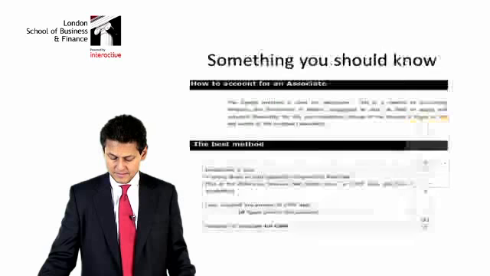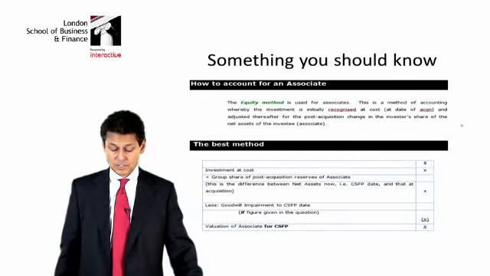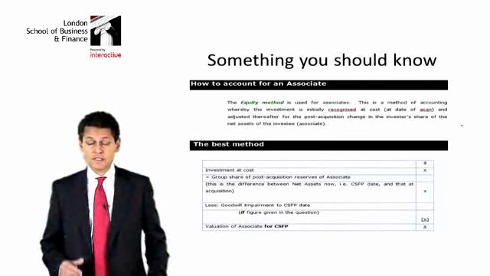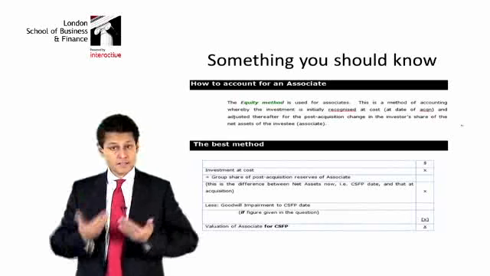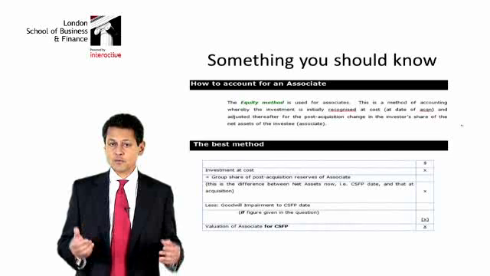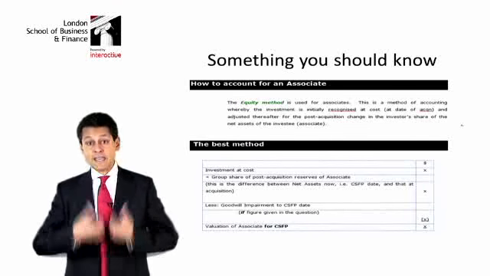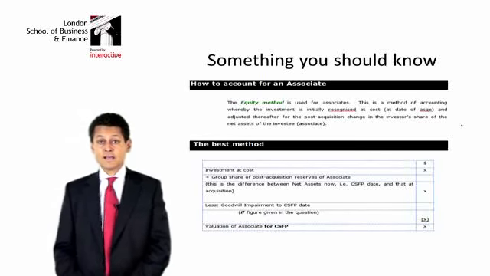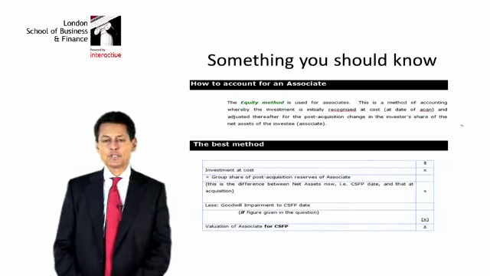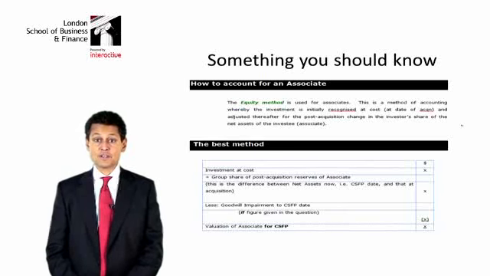And then it says, prepare the consolidated statement of financial position. No problem with that. Now, how you account for an associate is something you must absolutely know. Basically, what happens is if you buy, let's say, Vardine, that's me, you be the parent, I'll be the associate Vardine. If you buy, say, 30% of my company and you pay 120,000, and then my company has grown by, say, 80,000 since the date you acquired till the year end, when you're reporting, what you do is simply add your 30% of that 80, which is 24,000.